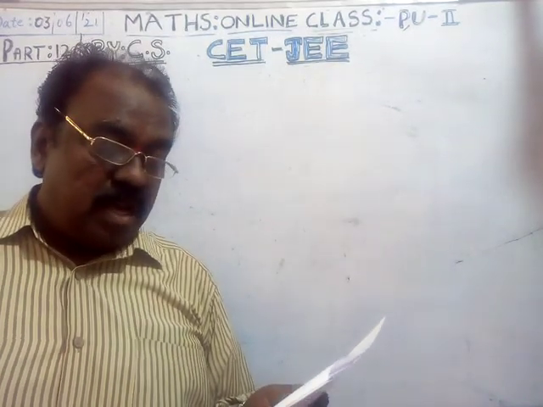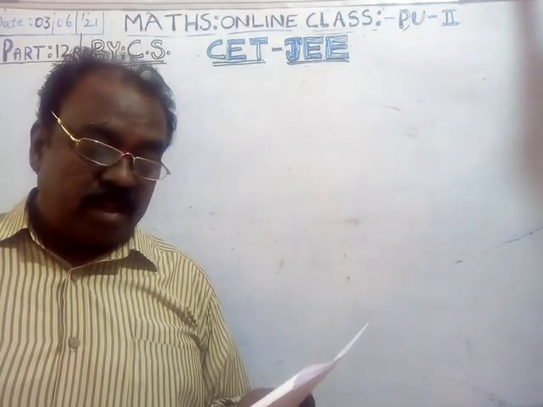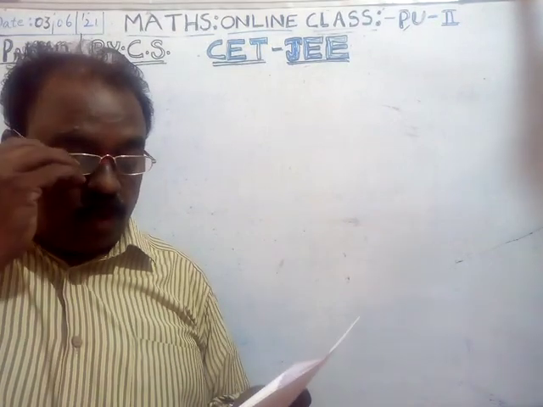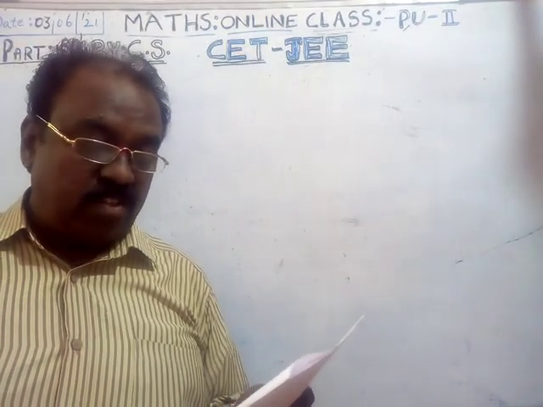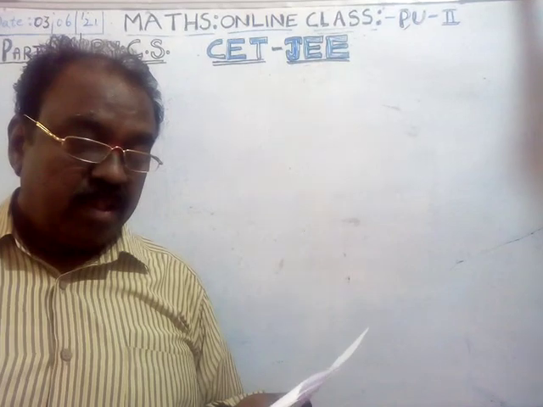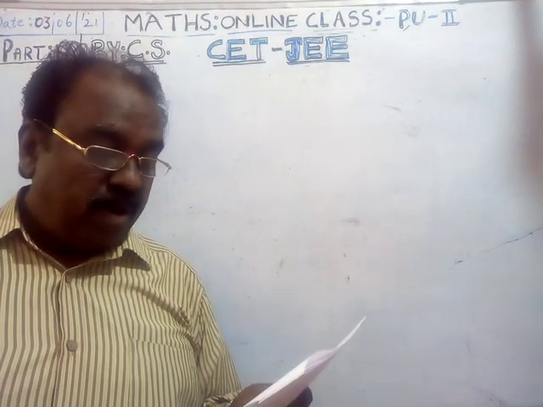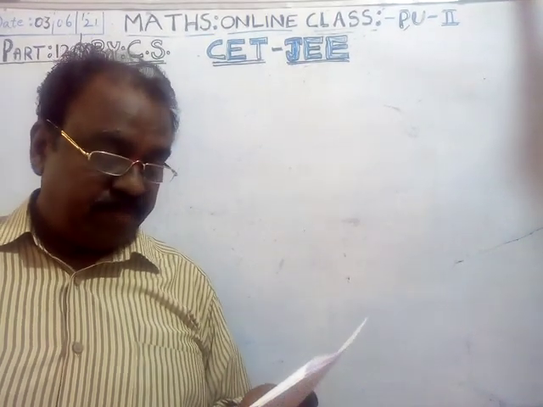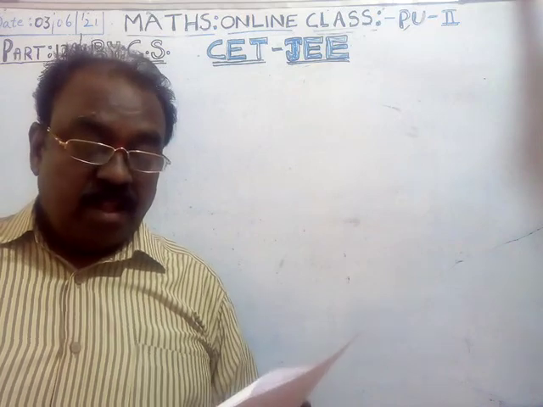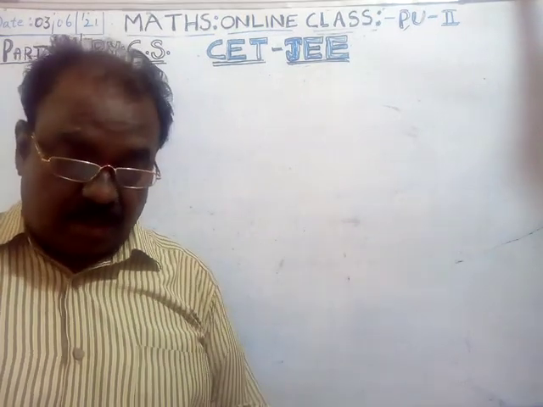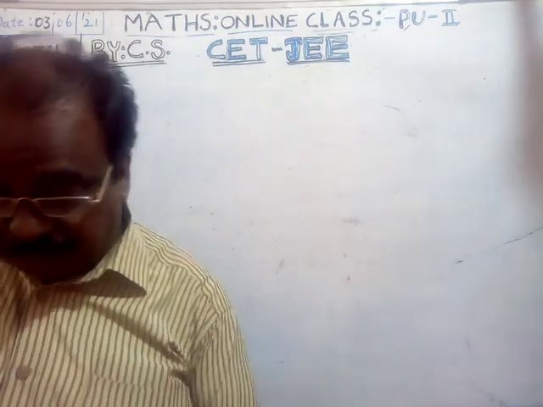The tangent at any point P on the circle x square plus y square is equal to 2 cuts the axes in L and M. The locus of the midpoint of LM is asked. It's a very good concept, please observe me.